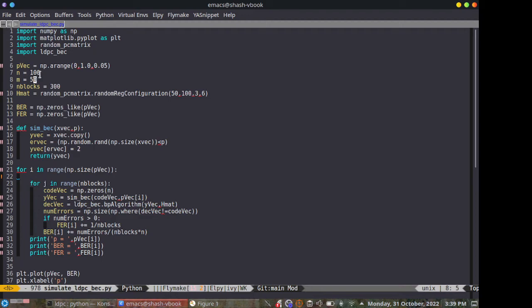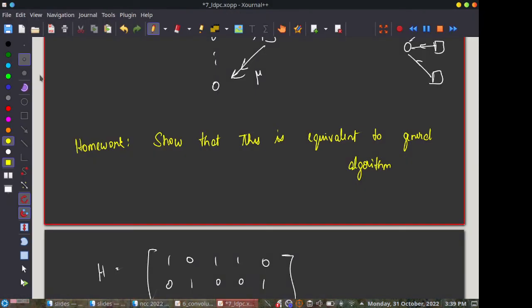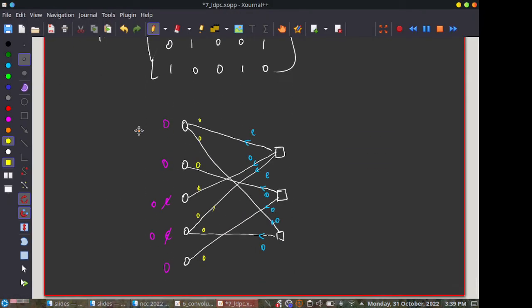So since I'm operating at rate equal to half, according to Shannon's channel capacity theorem, I should be able to transmit over any erasure channel noise free as long as erasure probability is less than half. So really, I should be expecting that the following holds.